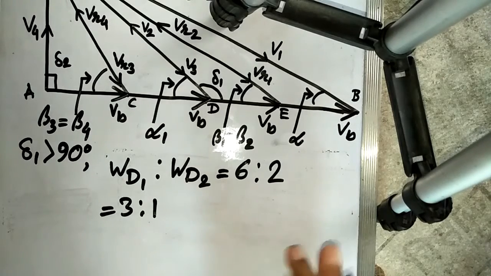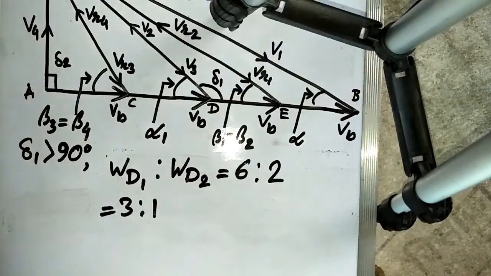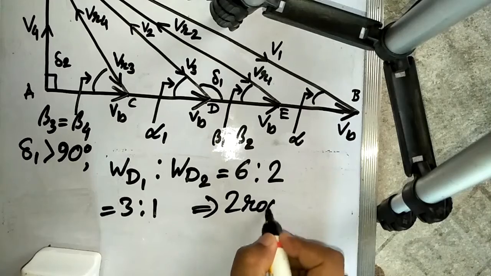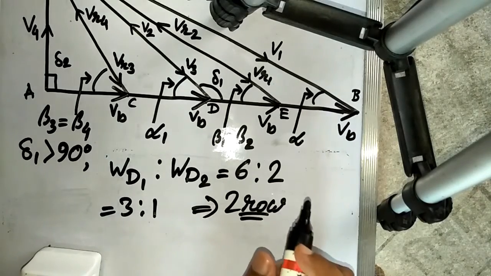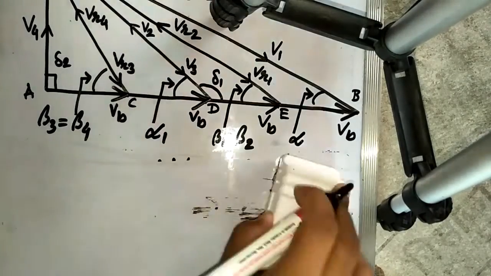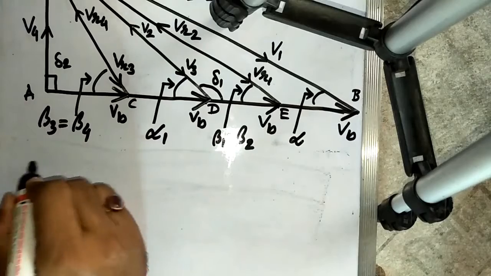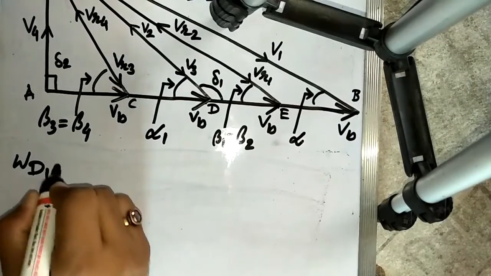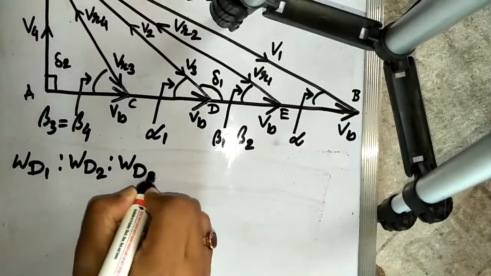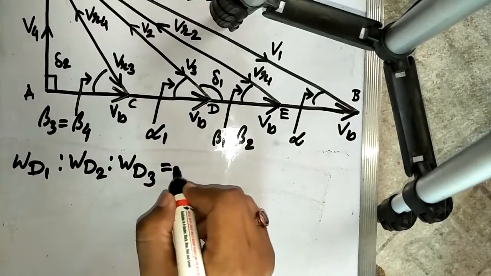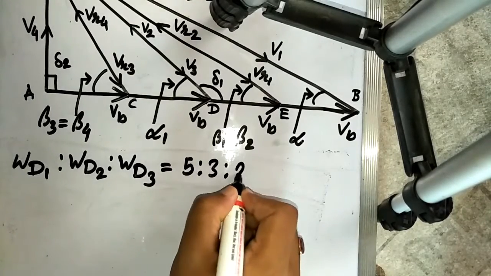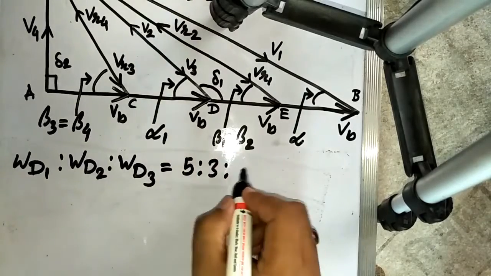In case of a 3 row Curtis stage, W_D1 is to W_D2 is to W_D3 will be equal to 5 is to 3 is to 1.